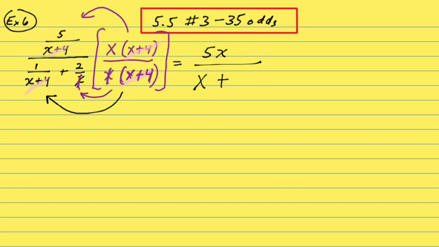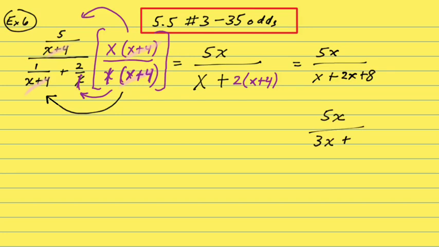The x's, leaving me 2 times x plus 4. So my answer is going to be 5x over x plus 2x plus 8. Simplify the denominator. 1x plus 2x is 3x. And now you do not have a complex fraction. The trick is to multiply the top and the bottom by the common denominator. This will take some practice to get comfortable with.